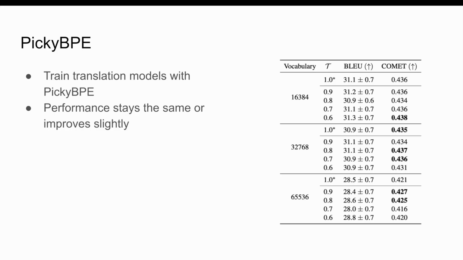So this is good. This indicates that Picky BPE isn't harming other aspects of the tokenizer that we weren't trying to affect. So this seems pretty promising, but no one's trained a language model with it yet. I hope that will change in the not too distant future, but there's a bunch of engineering that we need to sort out to make that happen.